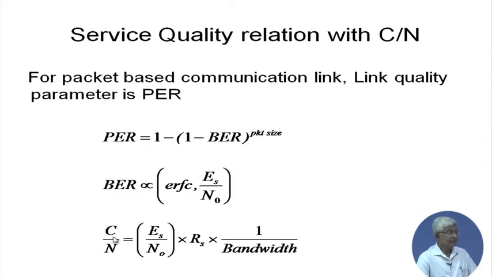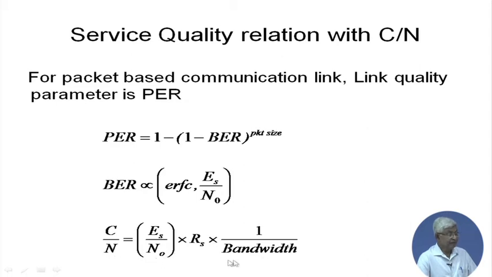Now, C is the total average carrier power received, that is energy per symbol multiplied by the symbol rate, ES multiplied by RS, where RS is the symbol rate, or EB energy per bit multiplied by the bit rate RB. These multiplied give us C, the average carrier power. And N is the noise power density N naught multiplied by the bandwidth.